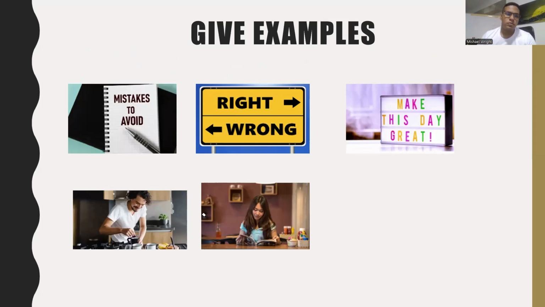Ella está leyendo. She is reading. Is she reading? En pregunta, right? So is he cooking? ¿Está cocinando él? ¿Está leyendo ella? Okay.